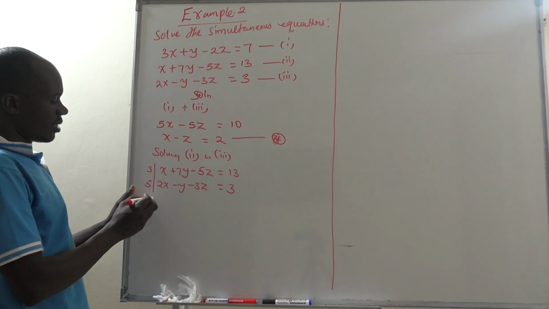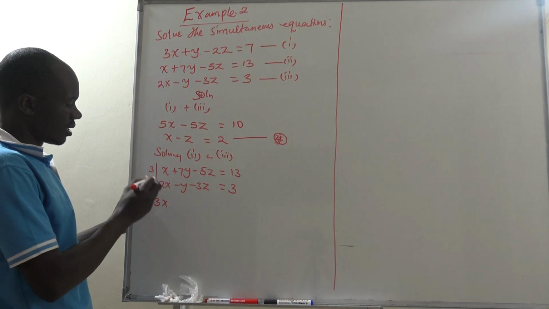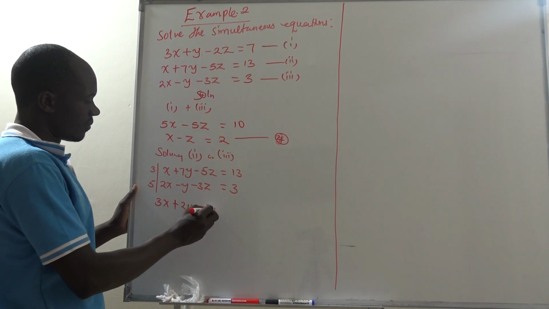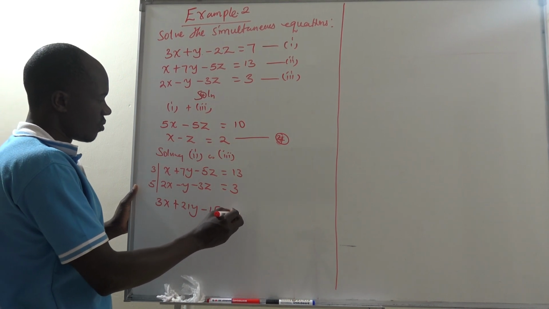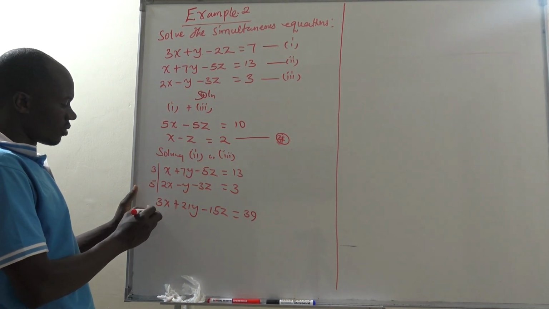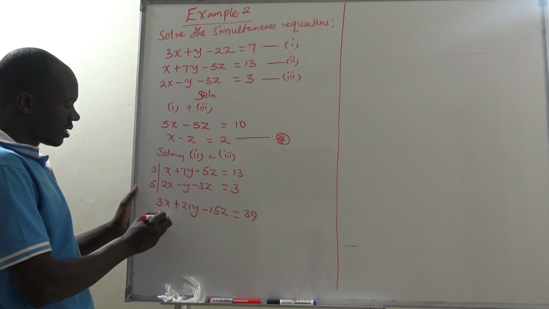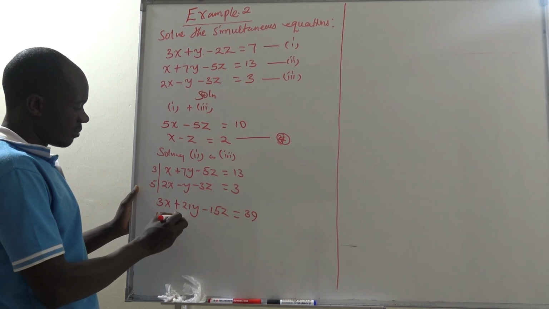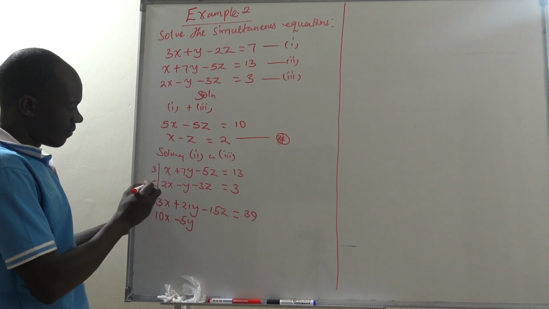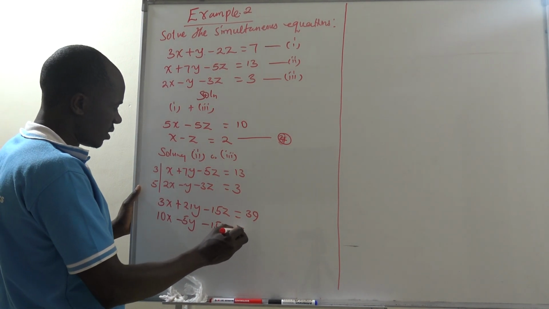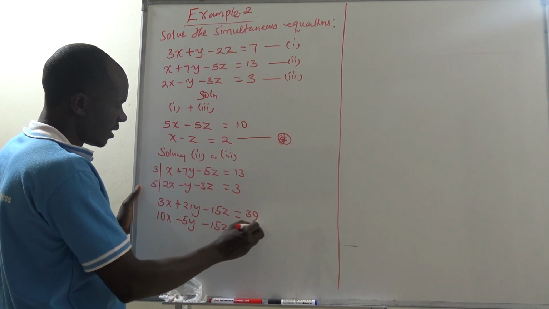So 3 times the first, I'm getting 3x + 21y - 15z = 39. We also come, this times this, I get 10x, then this times this is -5y. 5 times this, it is -15z = 5 times that, we get 15.